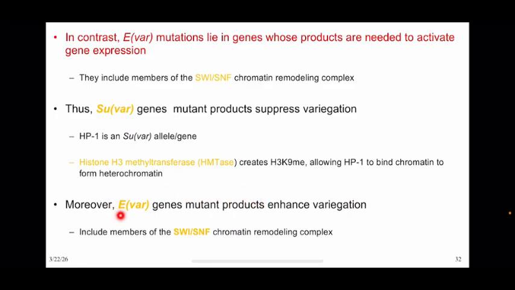In the E genes, as I said, the mutated ones are going to enhance variegation. Normally they are activating gene expression, but because they are mutated, they are now enhancing the formation of heterochromatin instead of euchromatin, or they are now promoting inactivation instead of activating. So the mutant genes include members of the SWI-SNF chromatin complex.